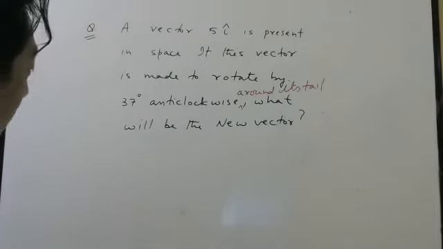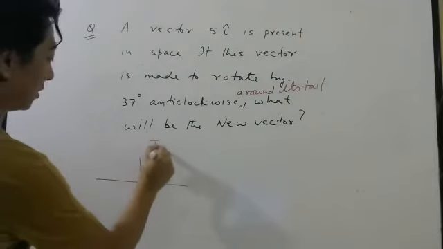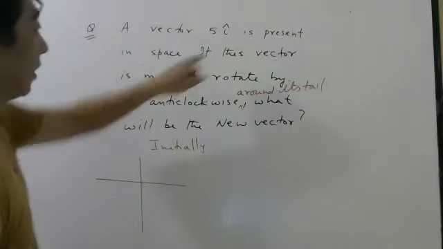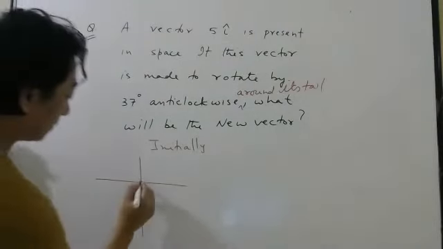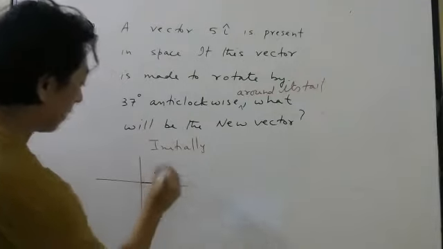Let me show the initial picture first. Initially, the vector was 5i cap, so you know it is along the x-axis.